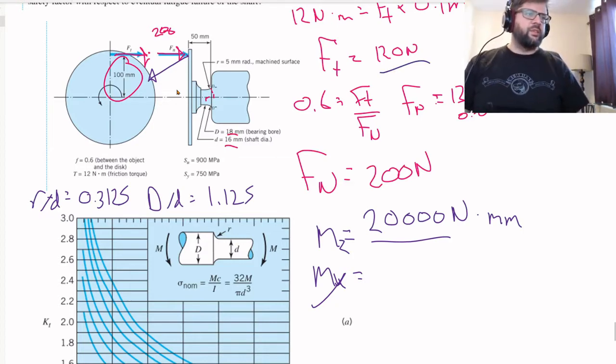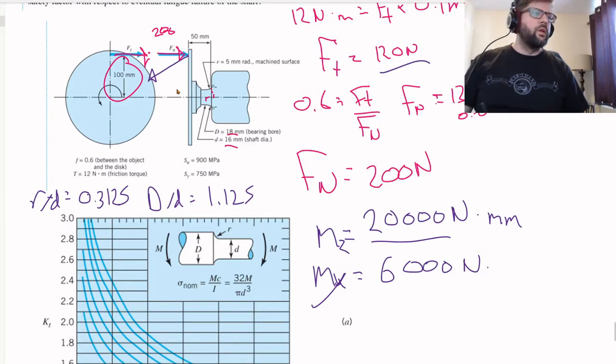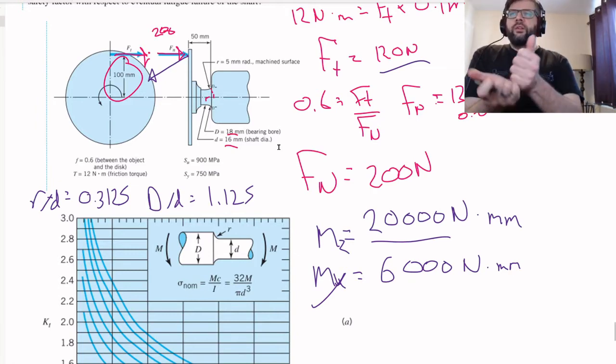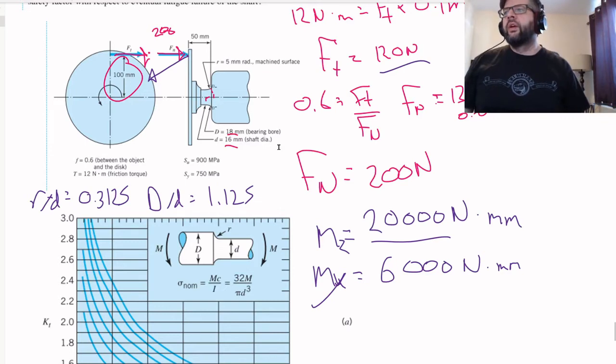So that's 6,000 Newton millimeters. So we get those two. Now basically what we're going to want to do is just combine them. So they're acting about different axes that are perpendicular to one another. So we can figure out the resultant of that just by using Pythagoras' theorem.